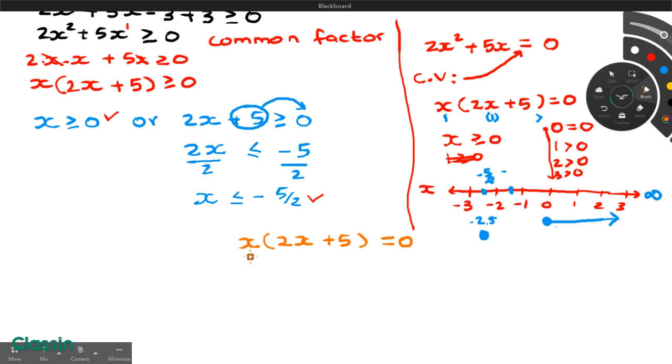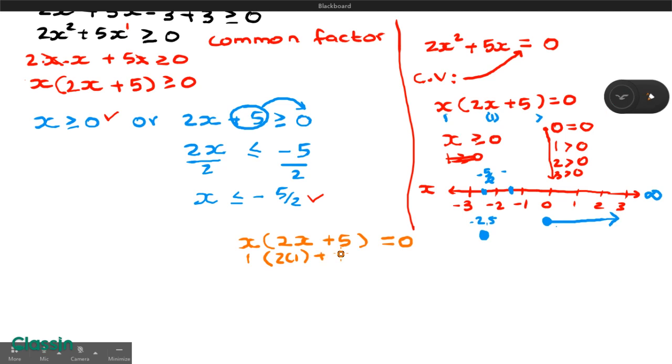Which value can I put here so that this side is more than this side? So if I put 1 here, brackets 2 into 1 plus 1 plus 5, will the answer be equal to 0? No, the answer must be greater than 0. So is 1 the only x value that I can utilize here so that it is greater than 0?